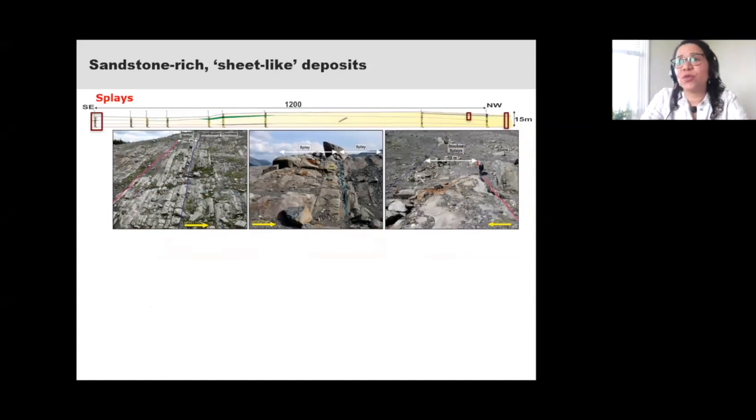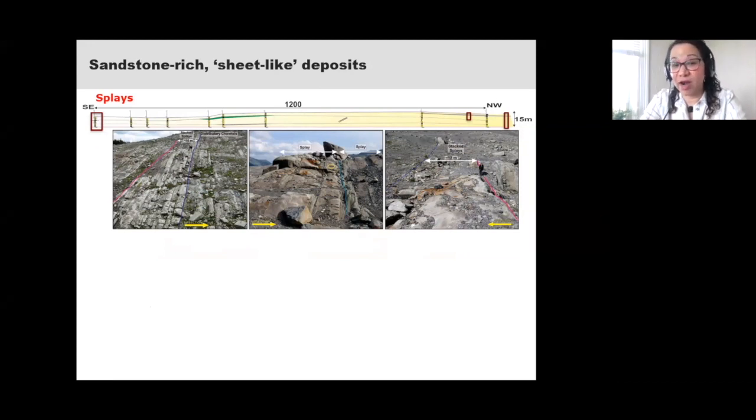But let's start first with a few of the elements. I'm not going to be able to show you the details of all of them, but I'm going to show you the most important and the common dominant elements. In the sandstone-rich sheet-like deposits, we found splays. And how do we recognize those splays?